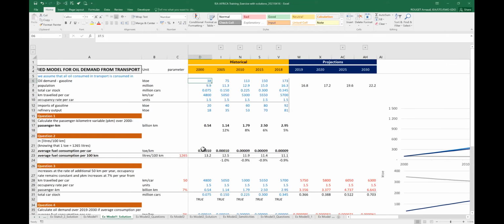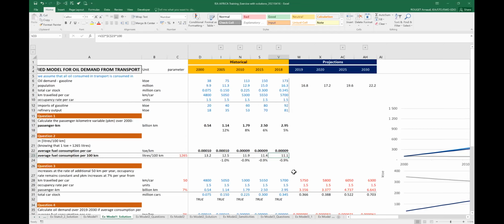These results should be benchmarked against what we can know from other countries, what research would say. But here, when we've done the conversion to liters per 100 kilometers, those numbers seem to make sense, saying that on average, all the cars in a country like Ghana would consume 11 liters per 100 kilometers. It might be relevant, and can still be refined, but this is how we would calculate it.